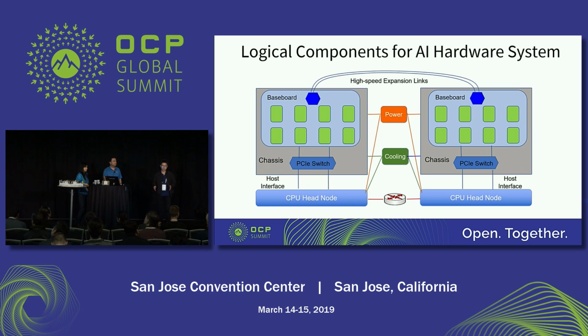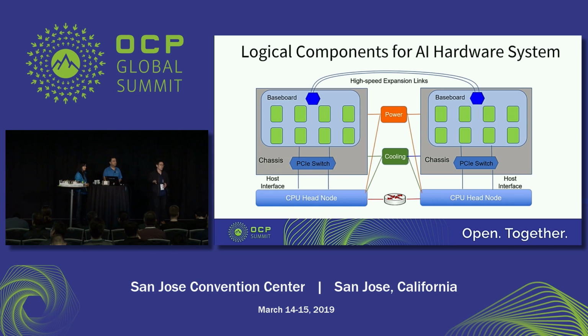To support the system, you also need some basic infrastructure: power and cooling. The power can be distributed or shared. For cooling, it can be a central fan or distributed fans, air cooling or liquid cooling. What makes an AI hardware system different from traditional servers is that it needs high bandwidth between the accelerators to scale up, scale down, and also scale out.